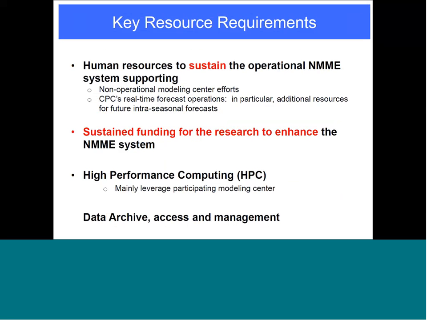Here is the important thing, the key resource requirement. The operational models are supported by operational centers. The key here is how to support the non-operational modeling centers so they can continue to provide their results to operations, and we also need sustained funding to do the research to improve the system.